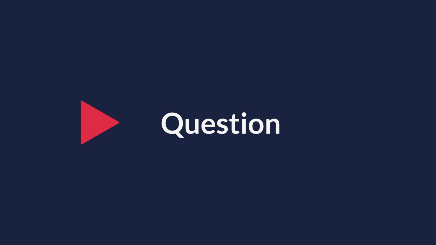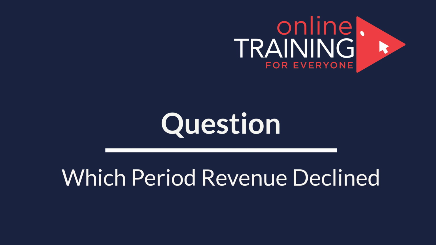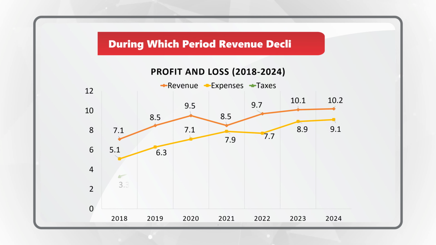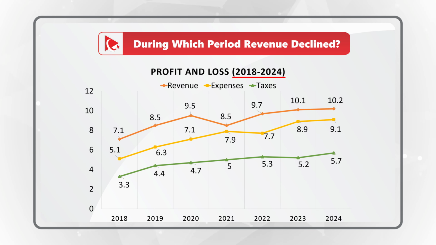And now it's time for you to practice your skills to see if you can come up with the answer. You're presented with chart of profit and loss between the period of 2018 and 2024. The chart shows revenue, expenses, and taxes. And you need to determine during which period revenue declined.